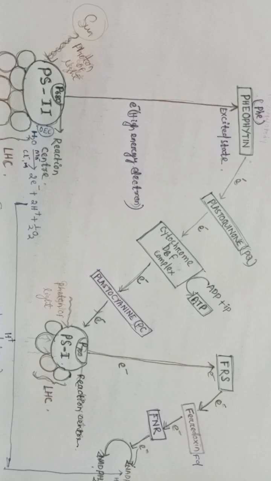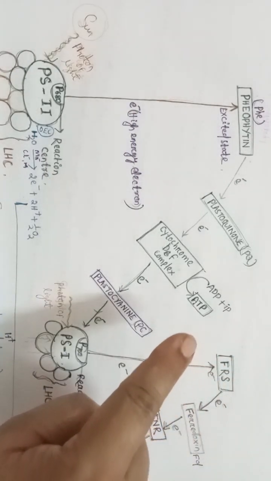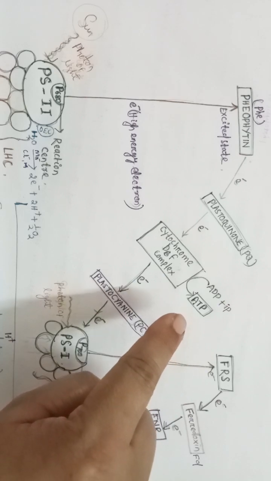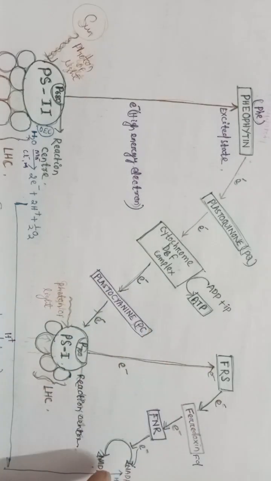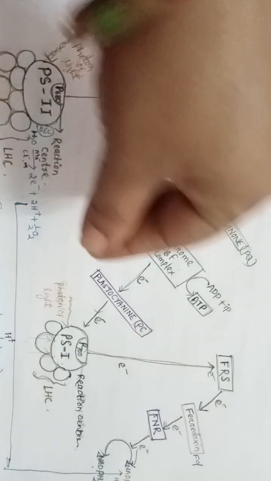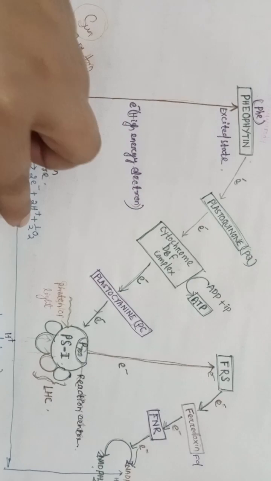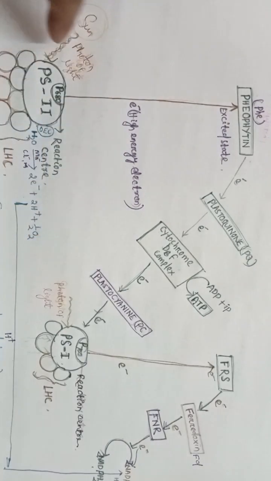Okay, and in 1 turn of non-cyclic photophosphorylation, 1 ATP molecule is produced and 2 NADPH2 are produced, and for release of 1 molecular oxygen, 4 turns of non-cyclic photophosphorylation take place.